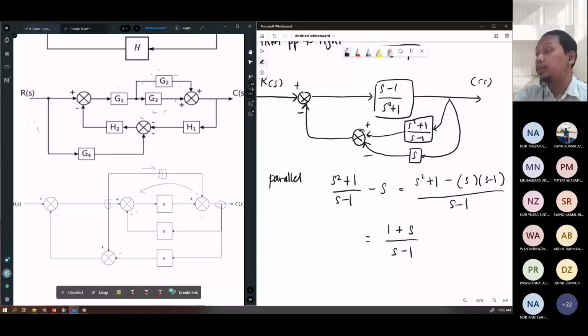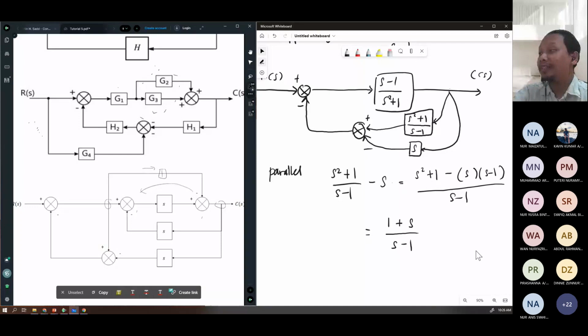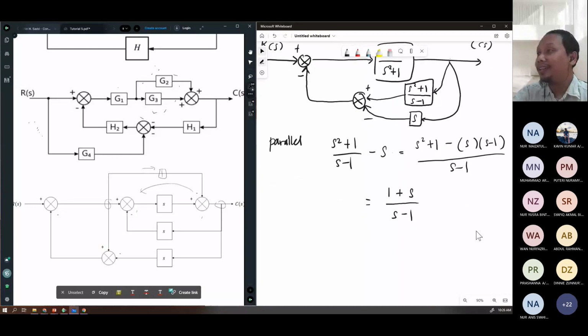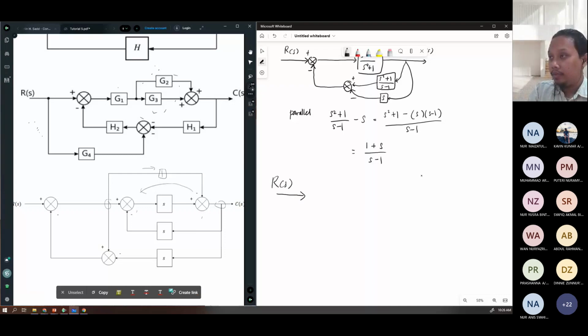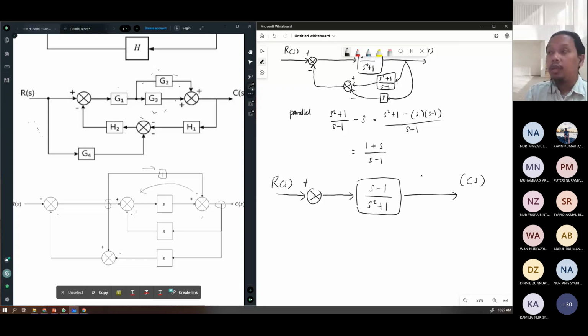Okay, later on you can check whether I did it correctly or not. Then redraw again. So this is minus, then this is 1 plus s over s minus 1.